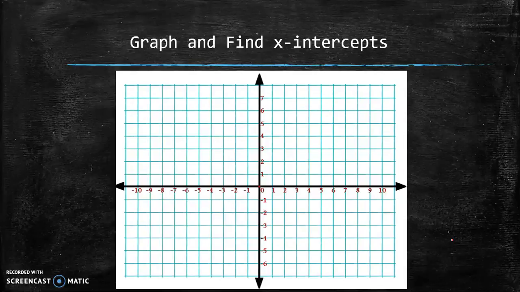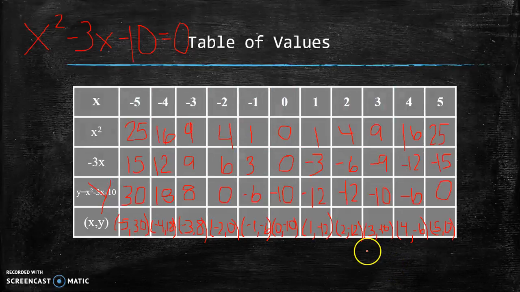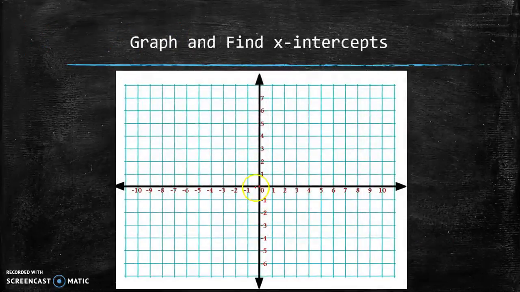So we can start out with 0, negative 10. Let's plot that first. You go over 0 and down negative 10. So that's going to be way down here. It's actually off of our graph.